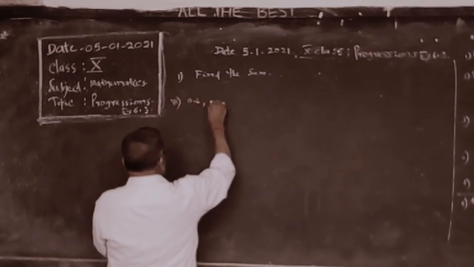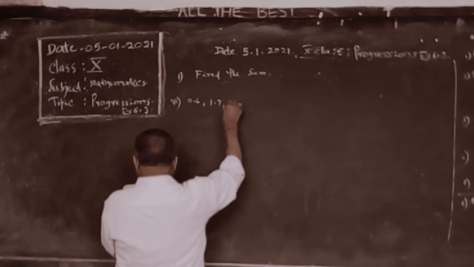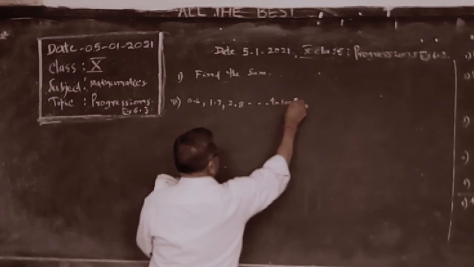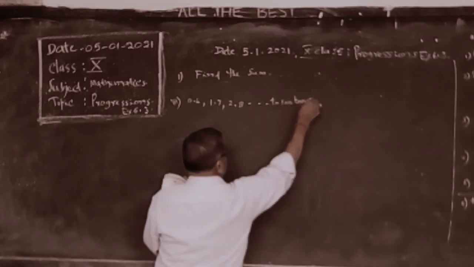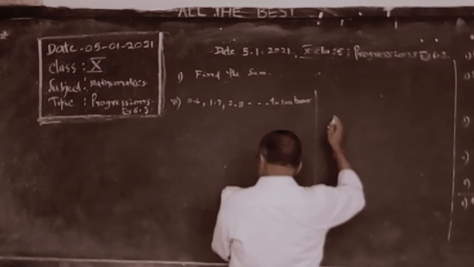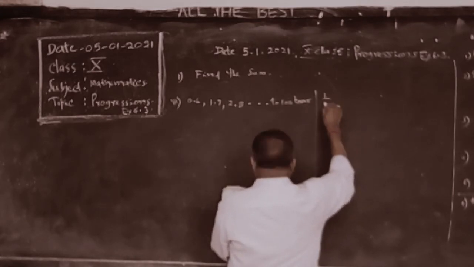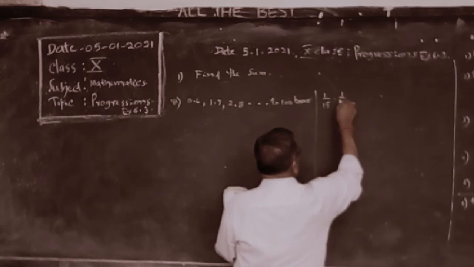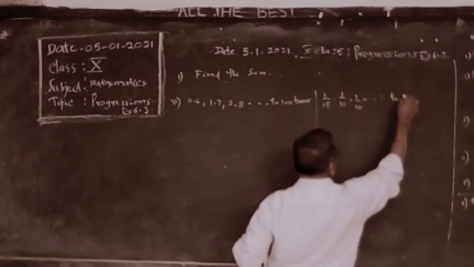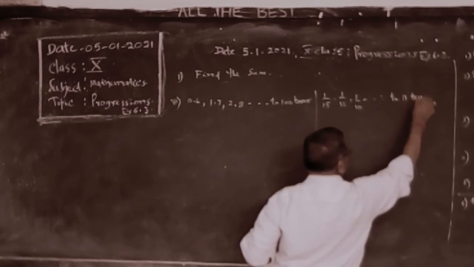So like this we have to find: 0.6, 1.7, 2.8 up to 100 terms. And 1 by 15, 1 by 12, 1 by 10, up to 11 terms.